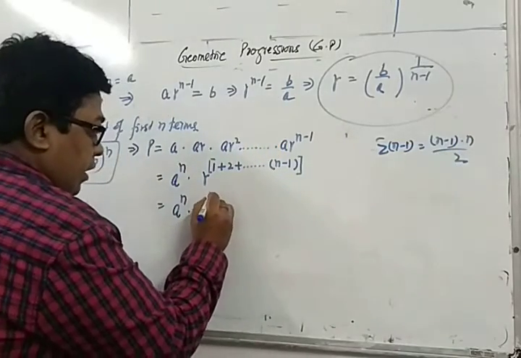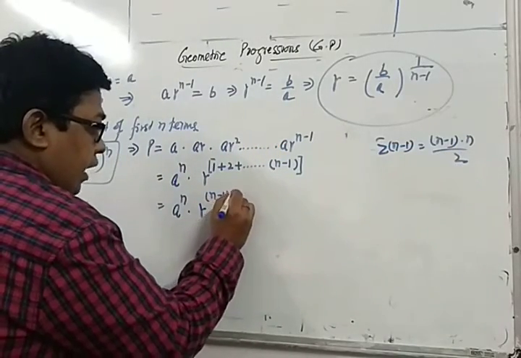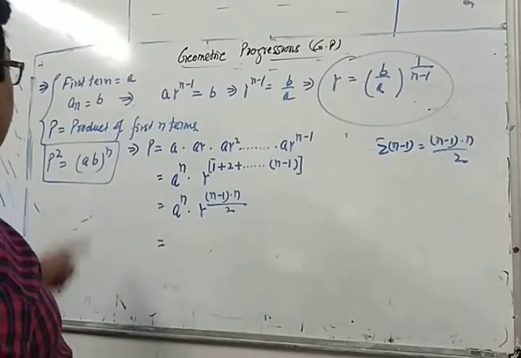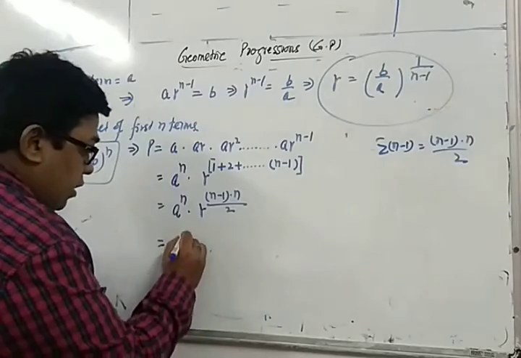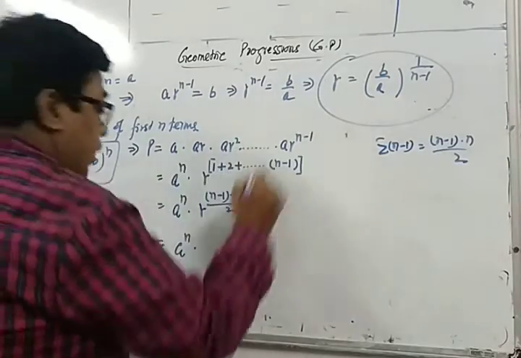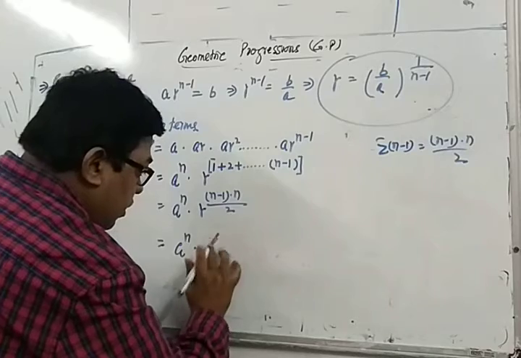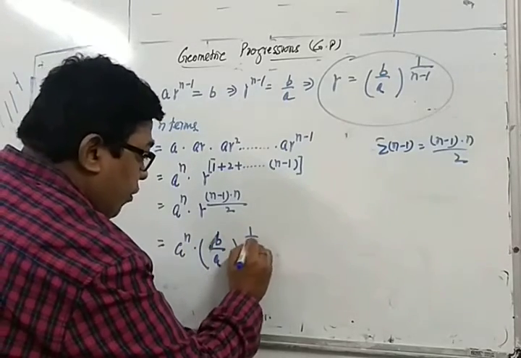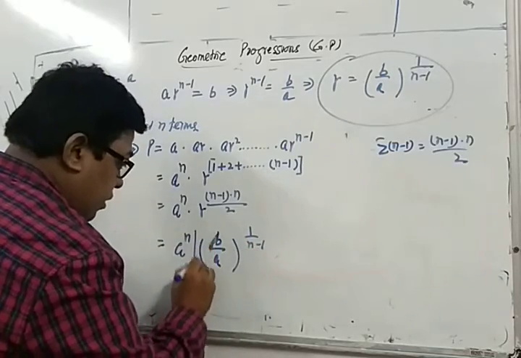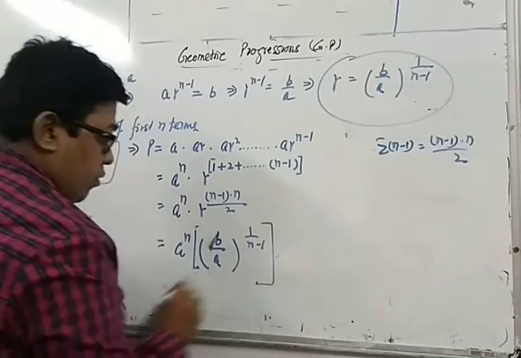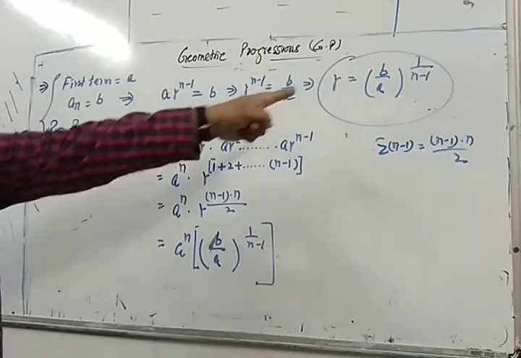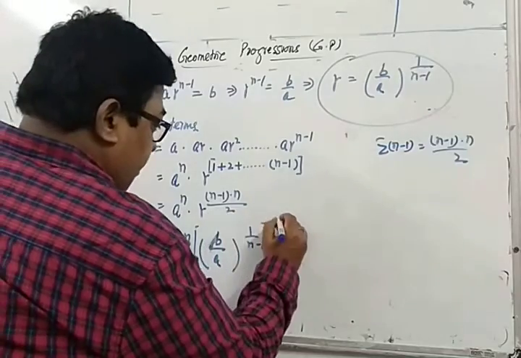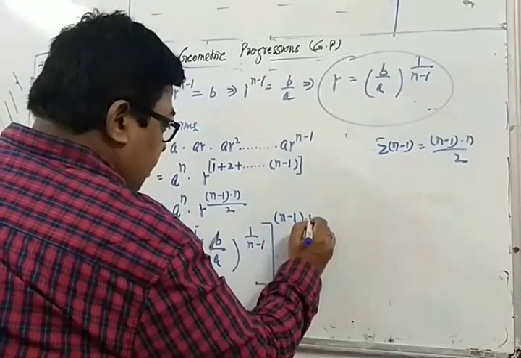So r to the power (n-1)n/2. Now here we will put the value of a, which is a, and the value of r, which is (b/a) to the power 1/(n-1). This is the value of small r from here, and its whole power is (n-1)n/2.